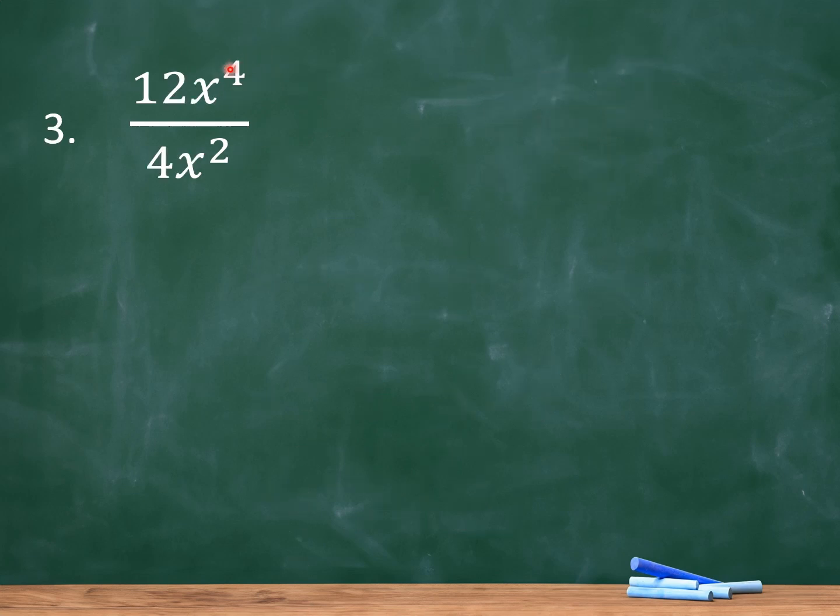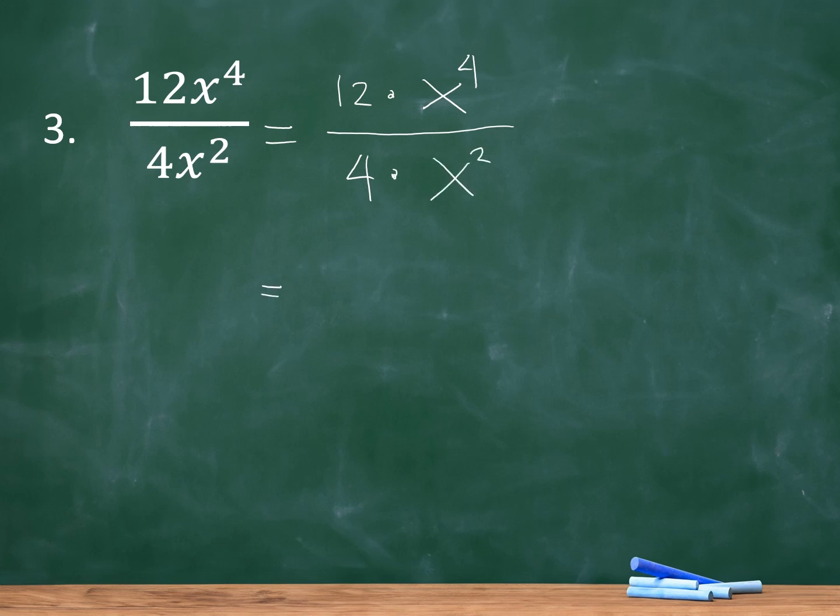Example number 3. 12x to the power of 4 divided by 4x squared. Again, you can think of the numerator as 12 times x to the power of 4, and the denominator as 4 times x squared.